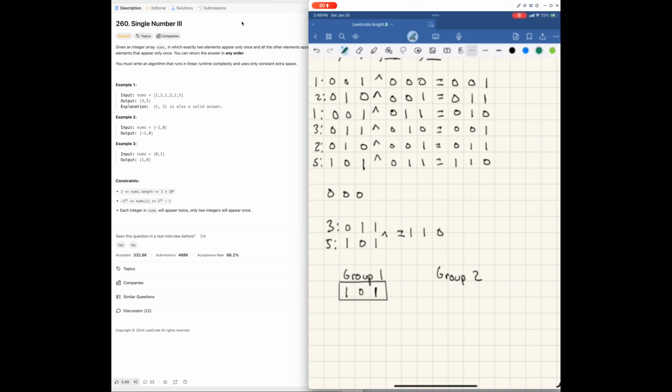So let's take the first number, which is, sorry, this should be 0 here. All right, let's take a look. Does this number end up in there? Well, if we look at the leftmost bit, it's a 0, right? So that means it goes in group 2.